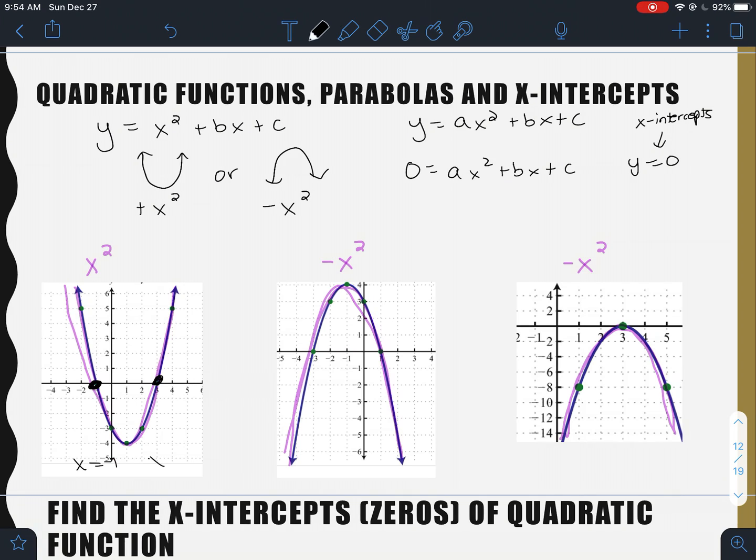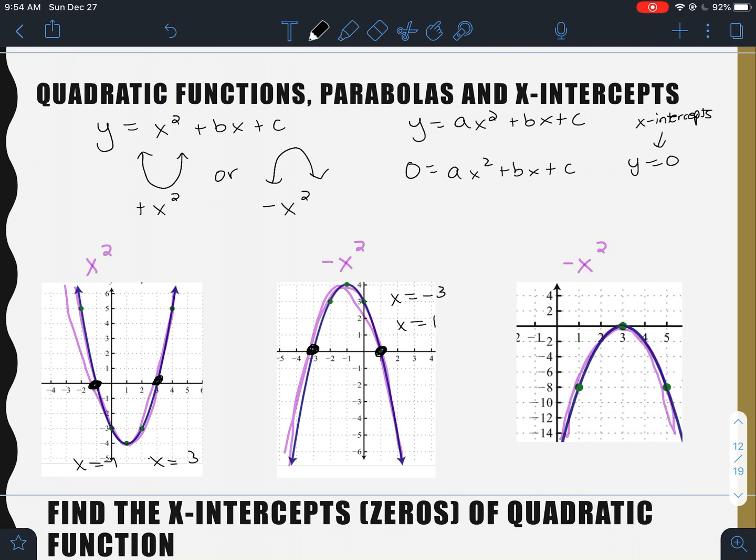And so you're finding, notice on this one, the x-intercepts are at negative 1 and positive 3. So we know that when we factored and solved, we got x equals negative 1 and x equals positive 3. You're finding the x-intercepts on the graph.